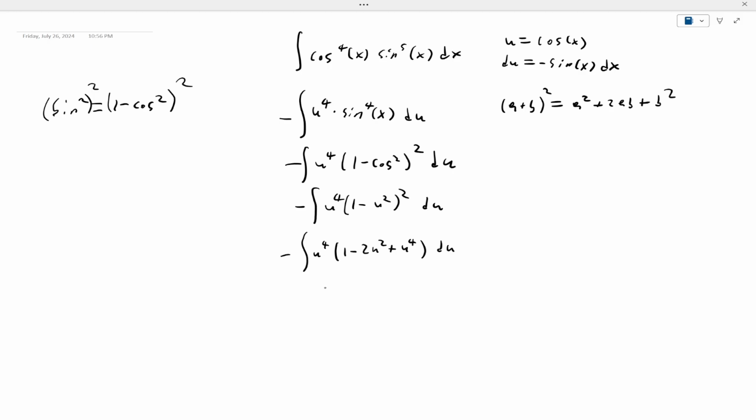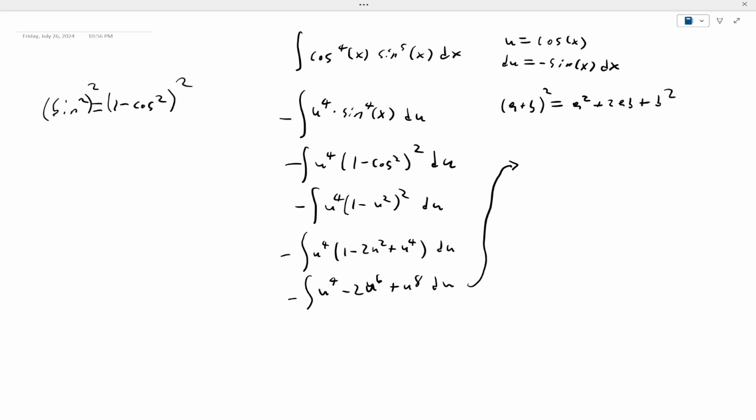And we just distribute. We have u to the fourth minus 2u to the sixth plus u to the 8th, integral negative du. And so this is fairly simple to solve.